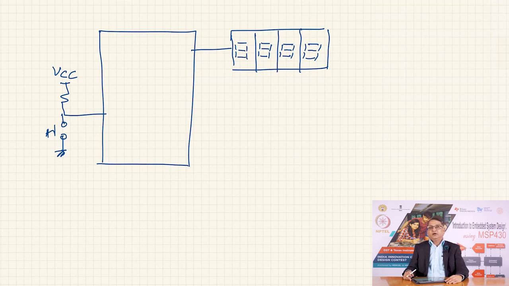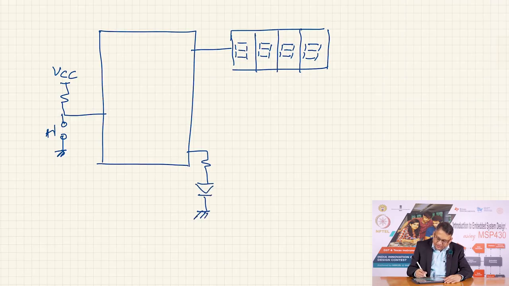Now, how does the user know that the game has been won or has been lost, or the game has gone to the second stage? So, we have to use some indicators to indicate. So, let us say that we use a LED which is appropriately labeled. So, this could be win, another LED could be to indicate that the user has lost, lose.